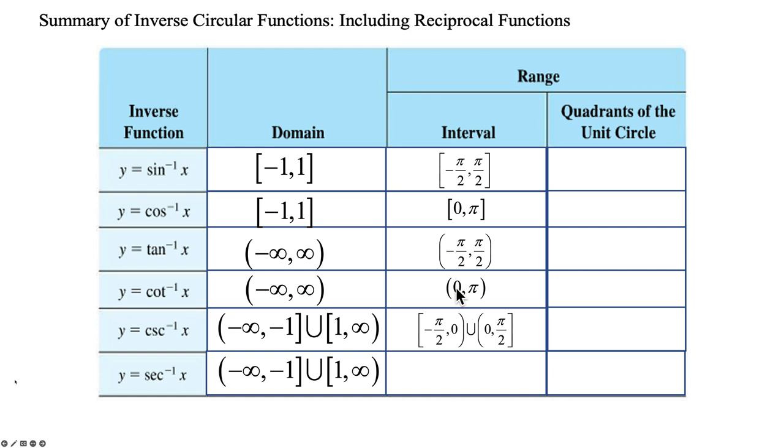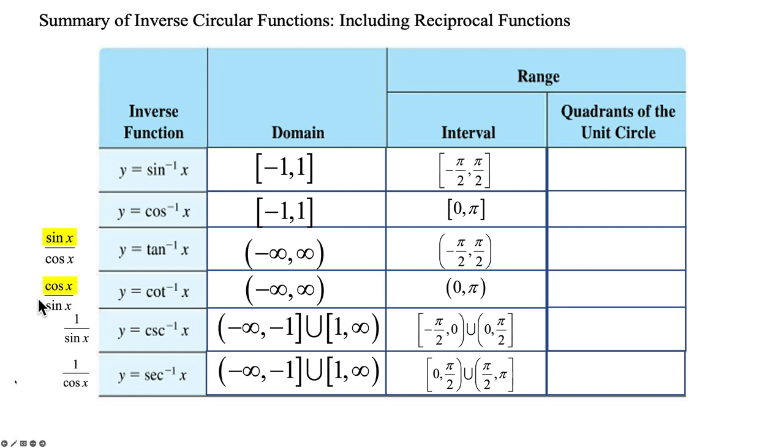Inverse cotangent, start at 0, end at pi. Same with secant, start at 0, end at pi, but we have an asymptote line cutting it in half. Inverse cosecant and inverse secant are the only ranges that get cut in half because that vertical asymptote is now turning into a horizontal asymptote.